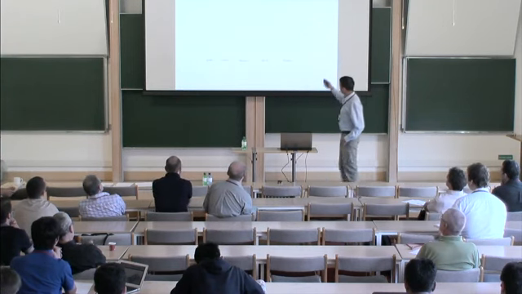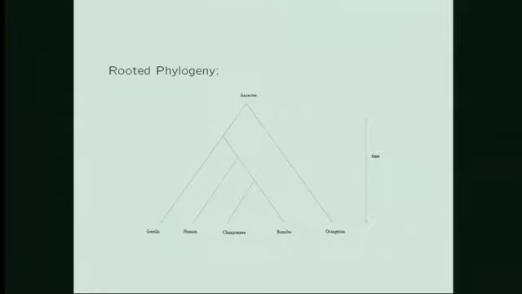There's also the rooted viewpoint, where we explicitly assume that there's an ancestor somewhere on a specific edge, and then there's evolution in a particular direction of time, and this seems to be the topology of the phylogeny of these 5 species that biologists believe is correct.